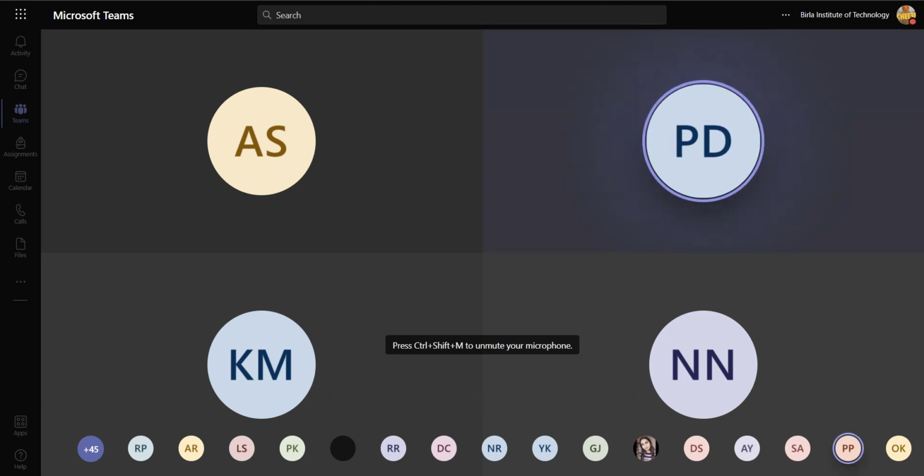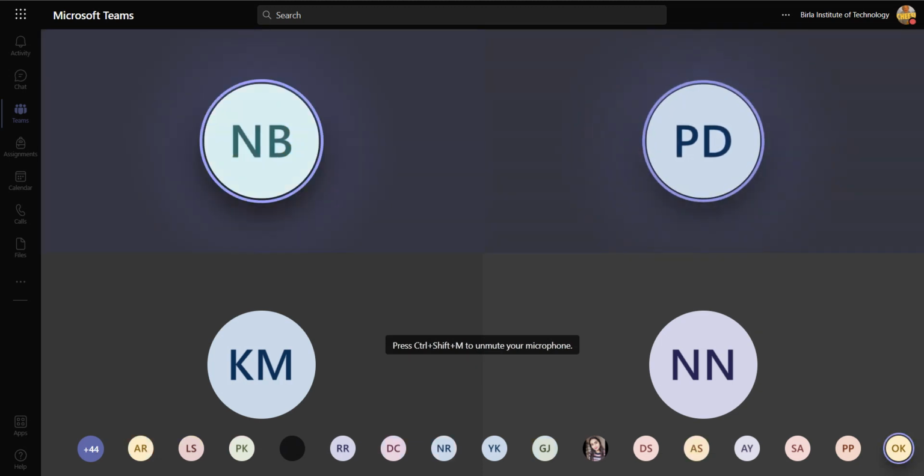Ma'am, for regulating the register, is that type of register? Which experiment you are talking about? Zener diode or rectifier? Sir, 4. So it is rectifier, right? Yes, sir, rectifier.